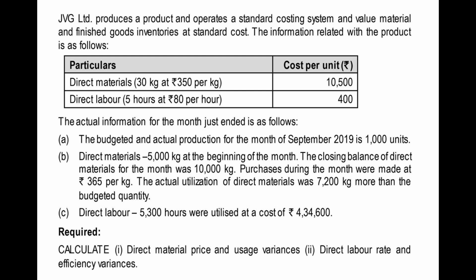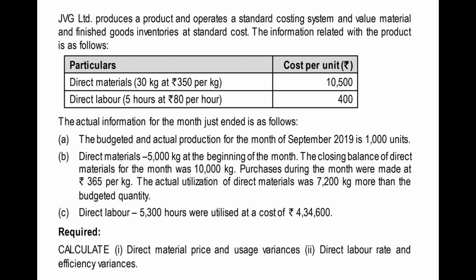For direct material, the opening balance was 5000 kgs, and the closing balance we have to maintain is 10,000 kgs. That means we are commencing the business with an opening balance of 5000 kgs, and we have to maintain 10,000 kgs as a closing balance.